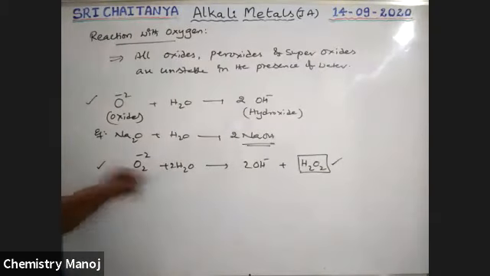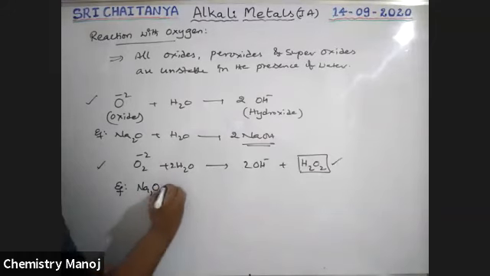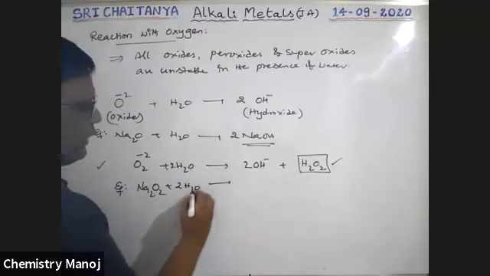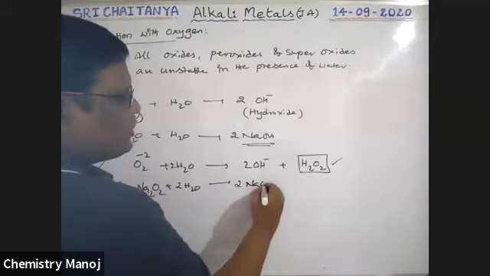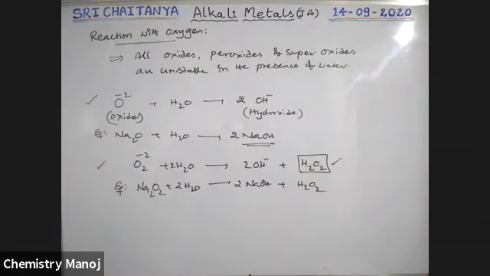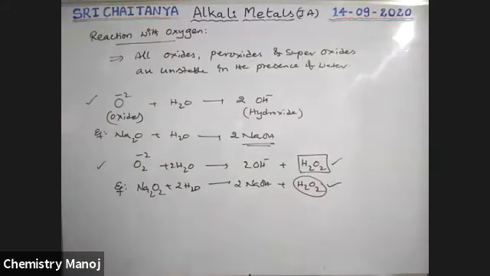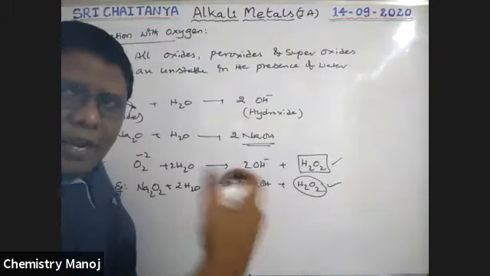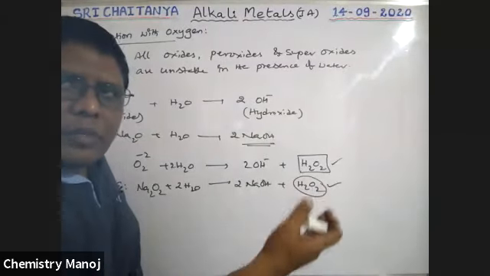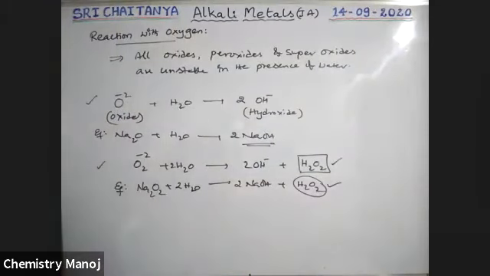For example, sodium peroxide, Na2O2, reacts with 2 water molecules to give 2 NaOH plus H2O2. So the peroxide on hydrolysis gives hydrogen peroxide, and that is one of the preparation methods of hydrogen peroxide.